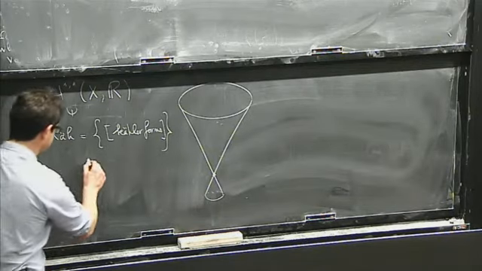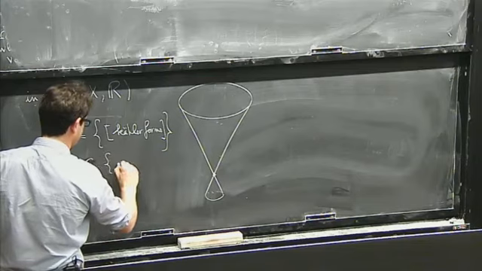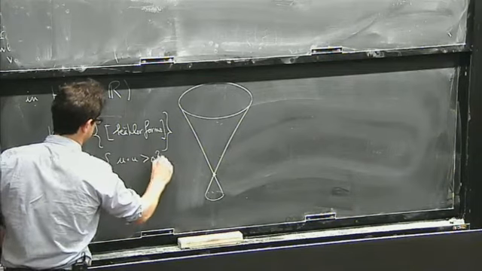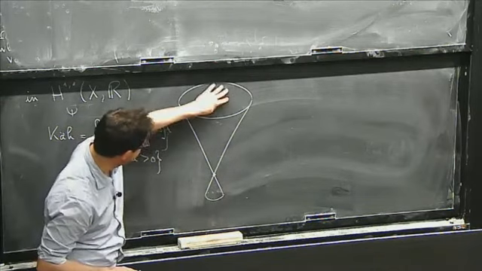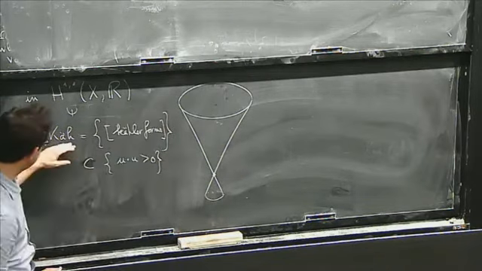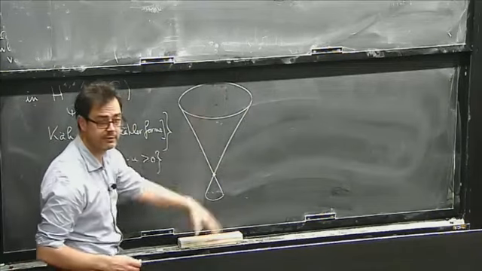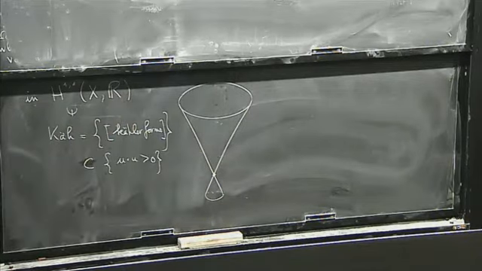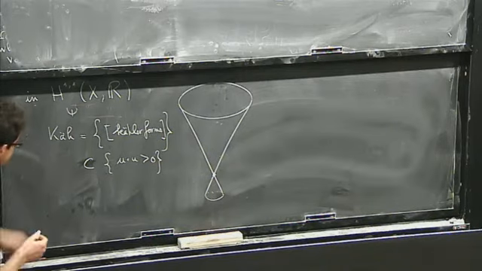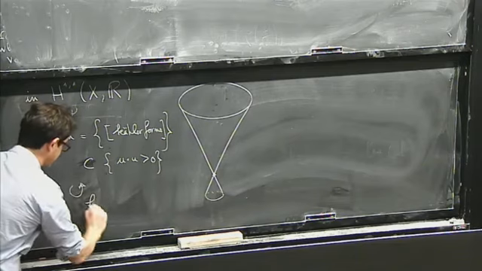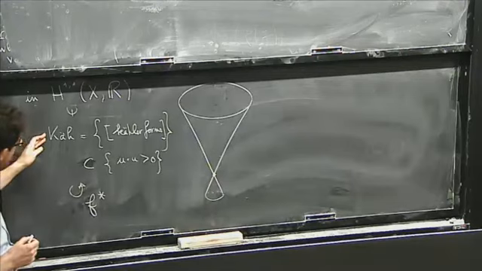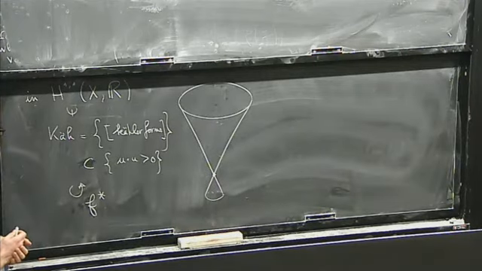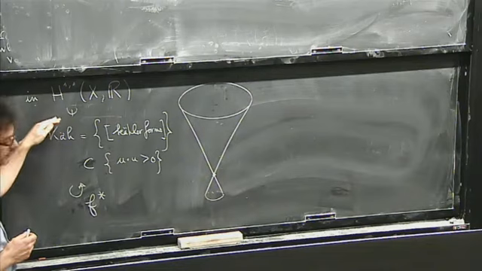It's contained in the set where u dot u is positive, but this set here has two connected components, one here and one here, and this one chooses one of the connected components. This set is invariant under the transformation F star, and it's an open convex cone. Okay, so the closure of this is called the nef cone.